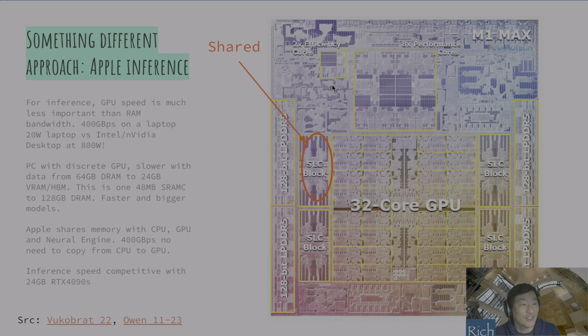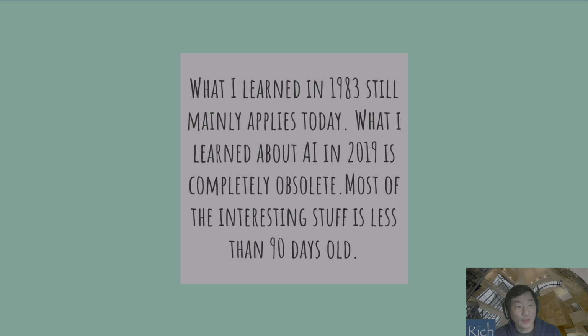So how would I summarize? This is an amazing time that we're living in. You know, the truth is, what I learned in 1983 still mainly applies today. All the computer engineering stuff, all the stuff on programming. Yes, the languages have changed from C to Swift or TypeScript.